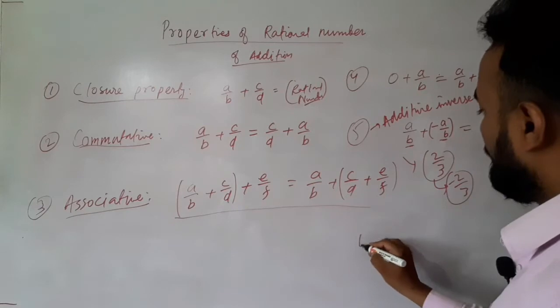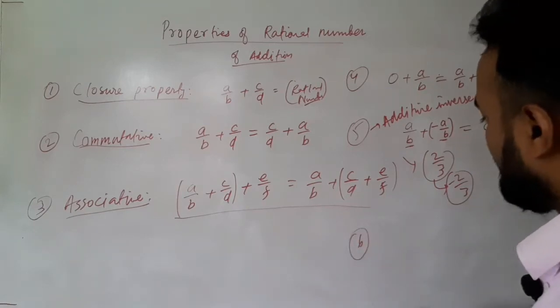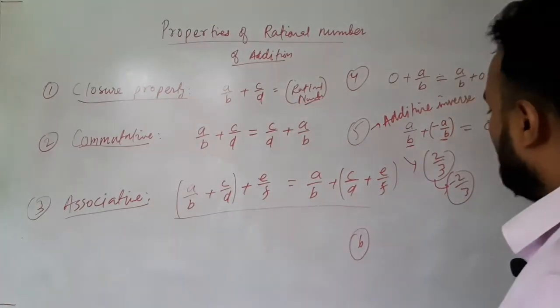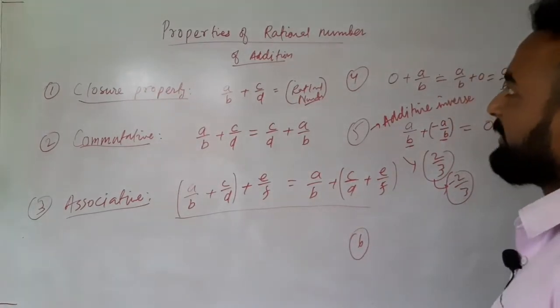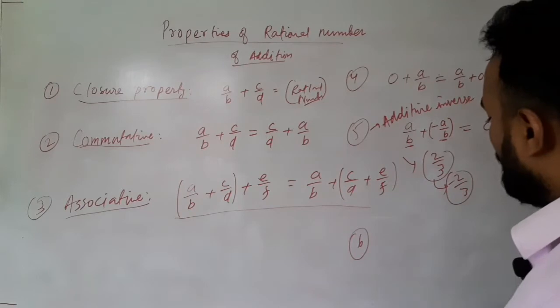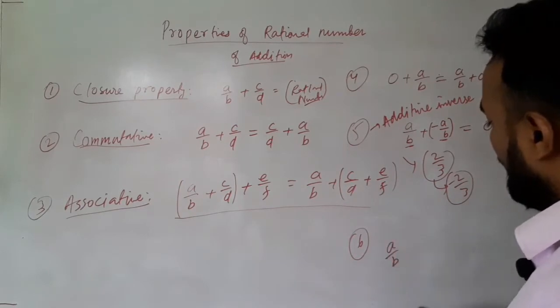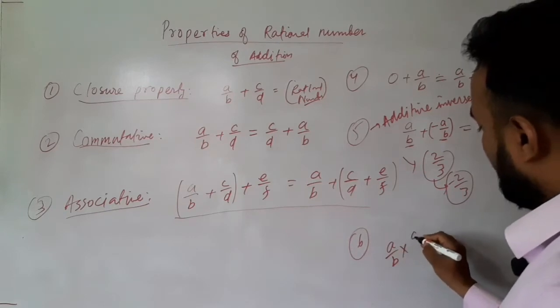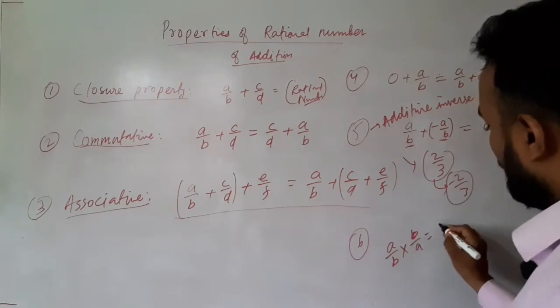And at last you have the multiplicative inverse, or you can say the reciprocal of a rational number. When you have a by b and you multiply it by b by a, you get 1.